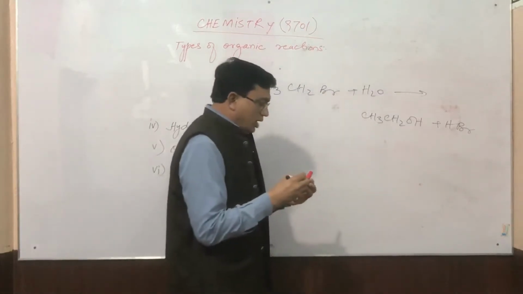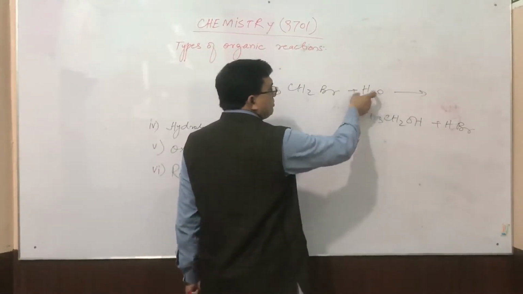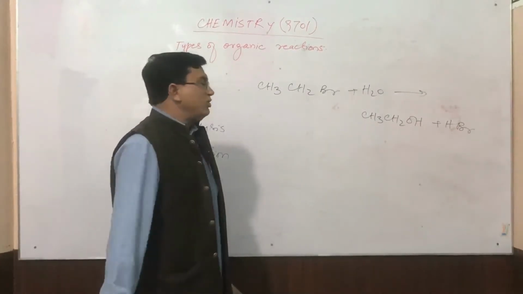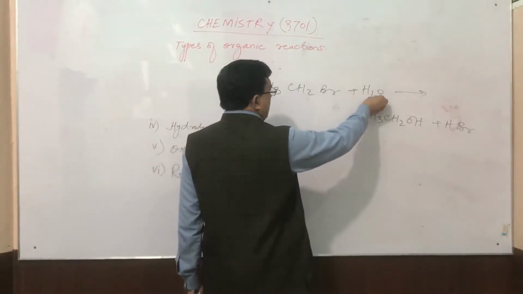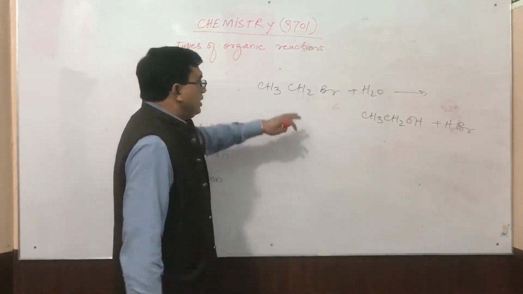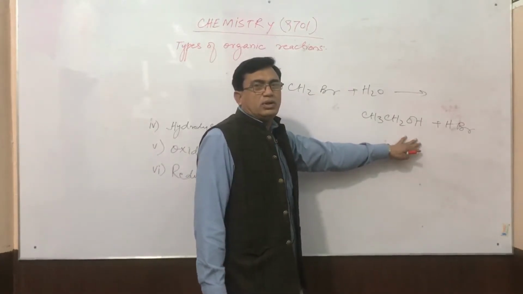This is the hydrolysis process in which the water molecule is broken down and converted into two different groups, hydrogen and hydroxide ion, and that is utilized in converting the respective compound.